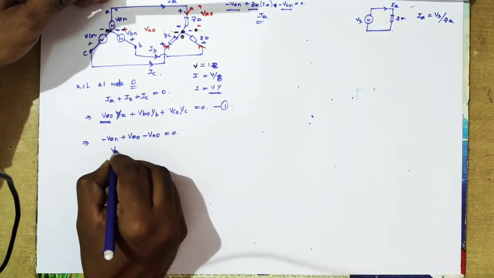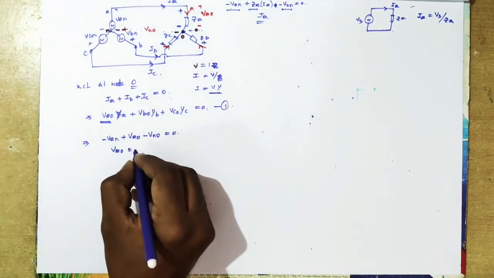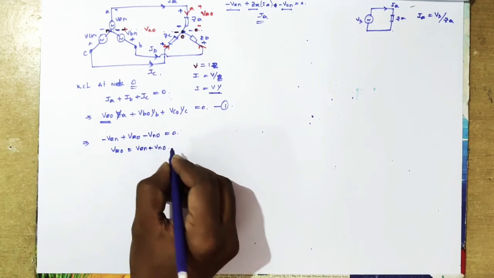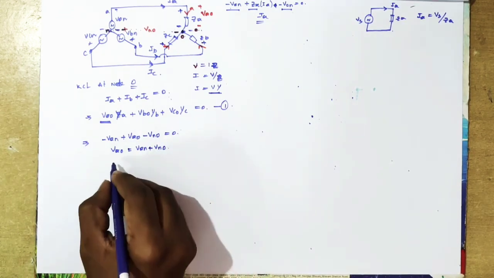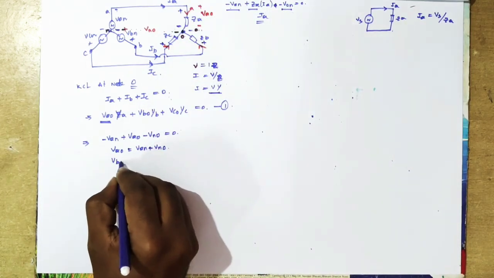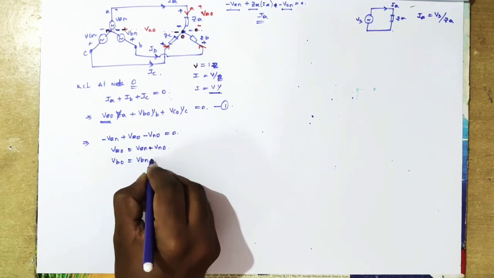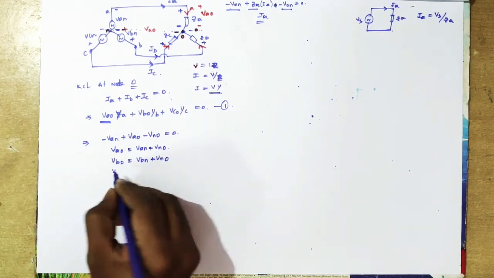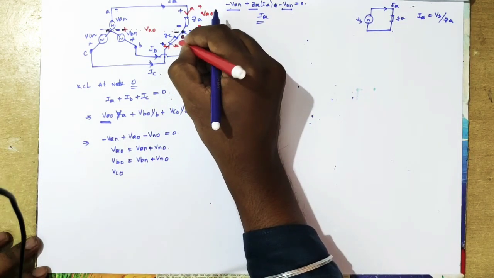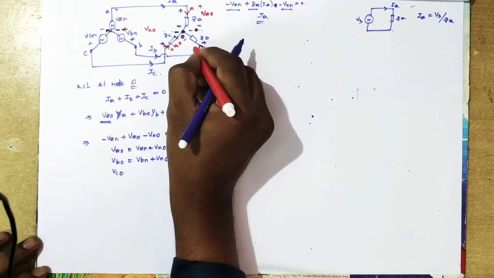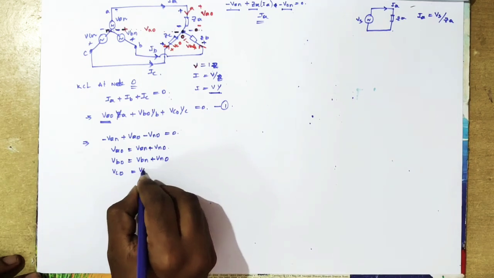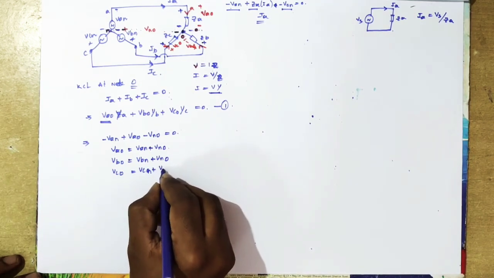Therefore we can obtain VA0 equals VAN plus VNO. Similarly, VB0 equals VBN plus VNO, and VC0 equals VCN plus VNO.